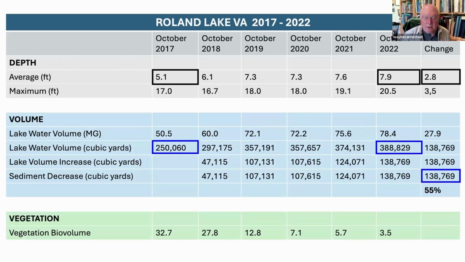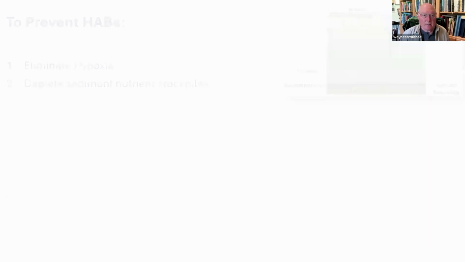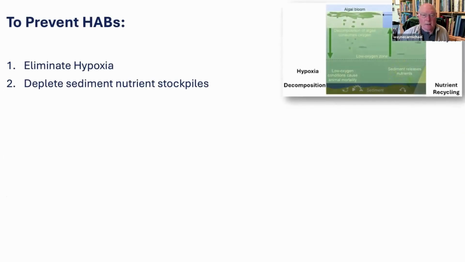Along with that is a reduction in the vegetation biovolumes, which went from 33% in October of 17 to 3.5% in October of 2022. So overall, a very good example of sediment decomposition and improvement of water volume and improvement in vegetation coverage.